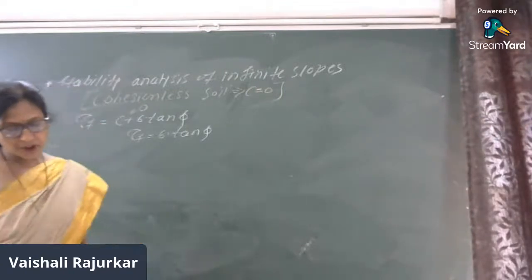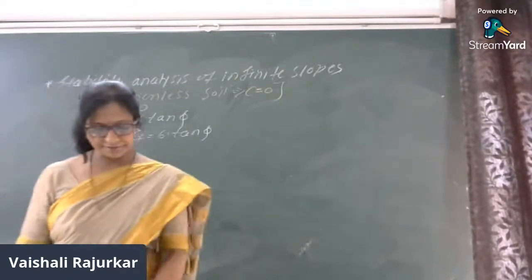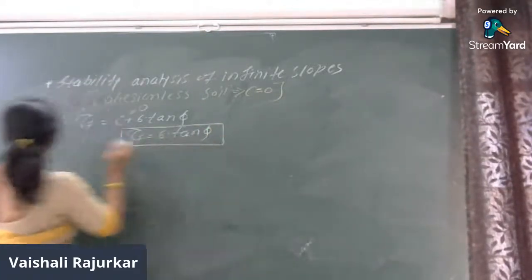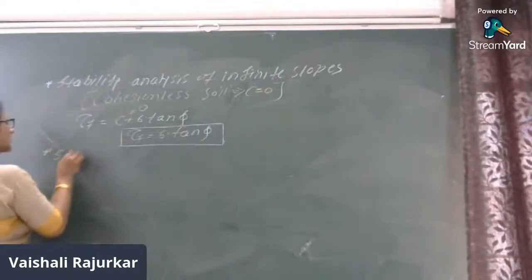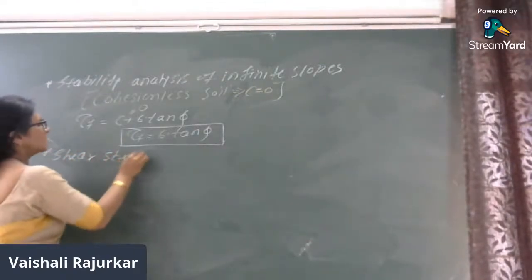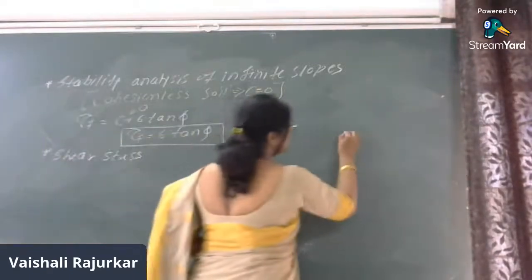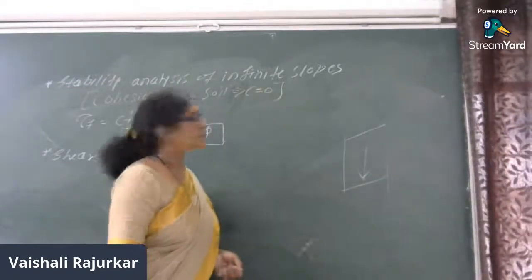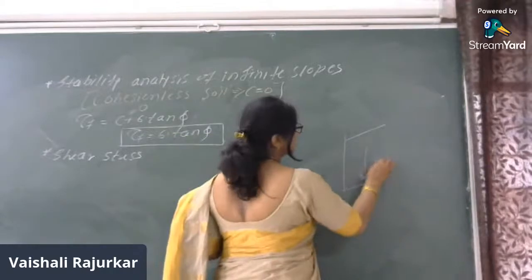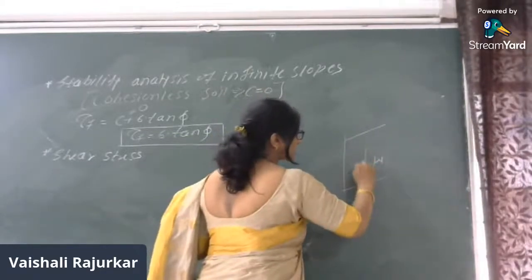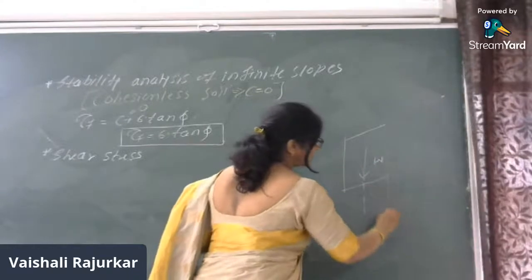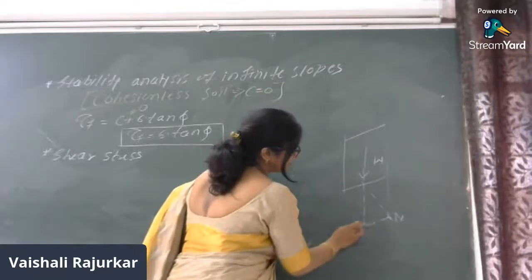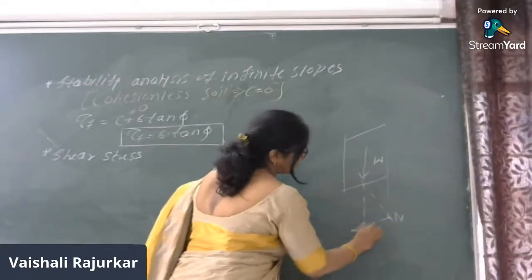Now, what is the shear strength? What is shear stress? Tau f is this. Then what is shear stress? Here, in the previous lecture, we considered the weight of the soil, W, the normal force, and the tangential force which is denoted as tau.